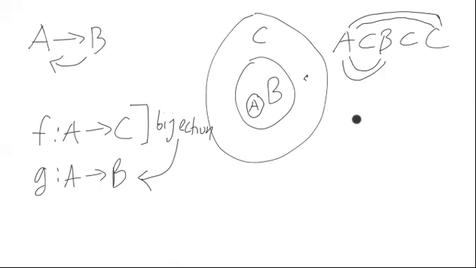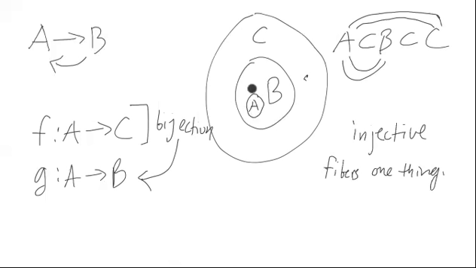Because another way of saying injective is to say that every fiber, or every preimage of a singleton point, has just one thing in it. So each fiber should have size 1.